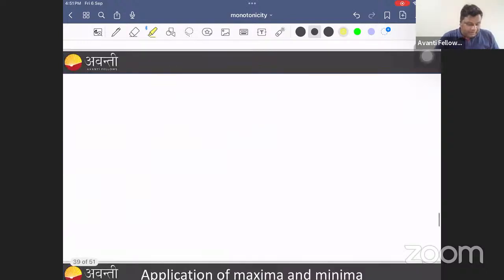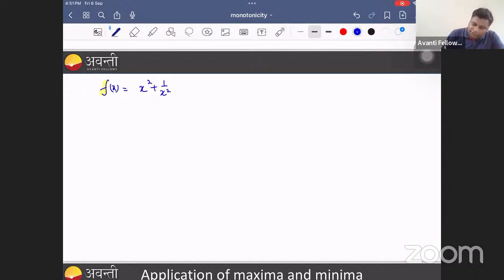Now, let's take an example. Say f(x) is x square plus 1 upon x square. They are asking you for the maxima or minima of this function. First of all, we will find the first derivative. f dash x is 2x minus 2 upon x cube.